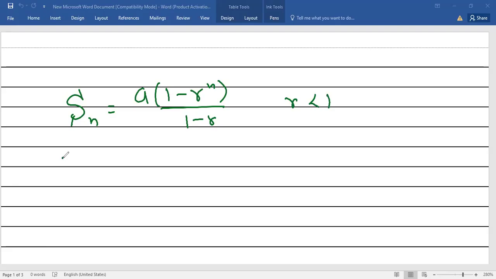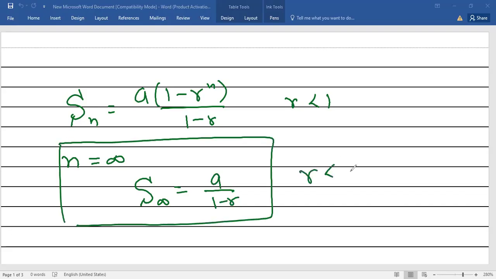Now, if n is infinity, that means if you want to find the sum up to the nth term which is infinity, then in this scenario the sum of all the terms will become A by 1 minus R. Remember, this formula will be valid only when the absolute value of R is less than 1. Okay, so this is all about the geometric progression basics.